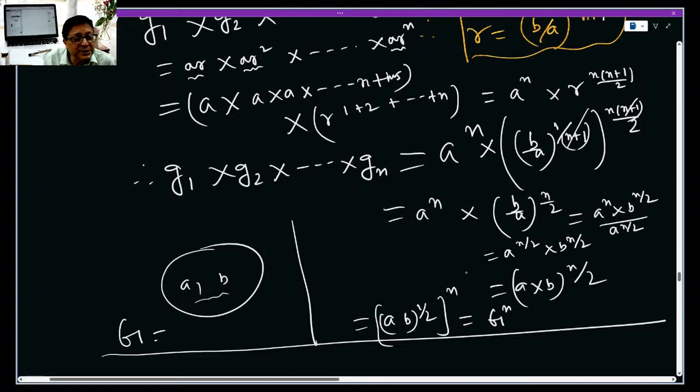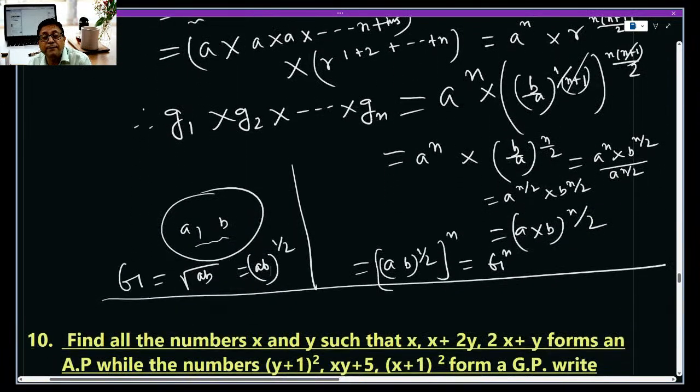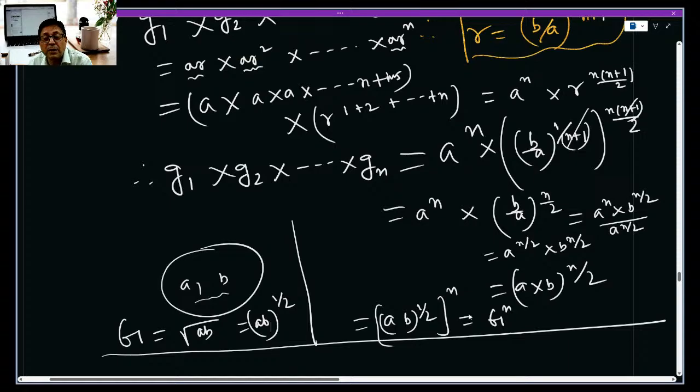G is the single geometric mean. This is what? Root AB. Root AB means (AB) to the power half. And we got G1, G2, G3, Gn. Their product is (AB) to the power half to the power n, or G to the power n. In case of arithmetic progression, what we have proved? Sum of those means is n times the single mean. Okay? Understood?